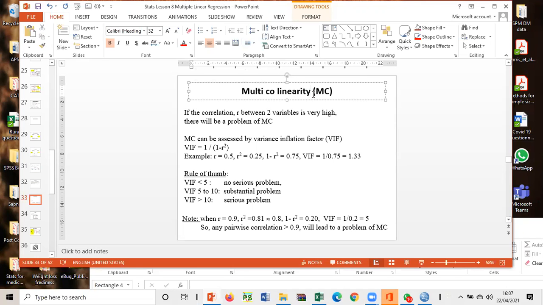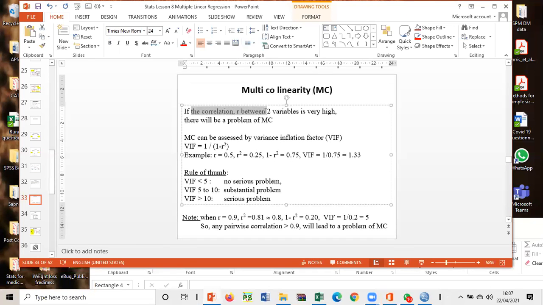Linearity means what? Straight line. So some of the variables could be highly correlated and we have a straight line. We should not have this. If the correlation between two variables is high, there will be a problem of multicollinearity.